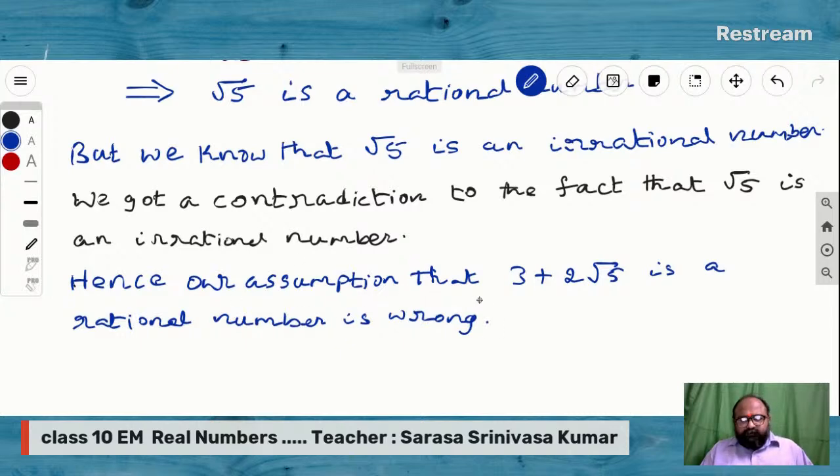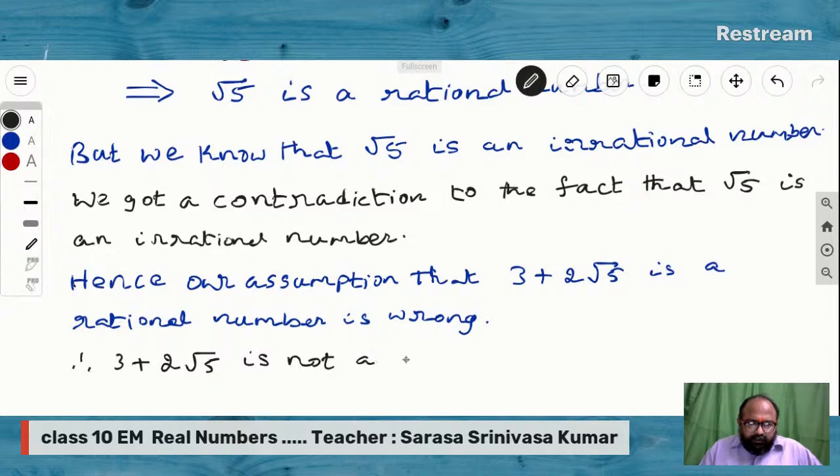So if this assumption is wrong, then we can say that 3 plus 2 square root of 5 is not a rational number. Therefore, 3 plus 2 square root of 5 is not a rational number. So if it is not a rational number, then what will be the conclusion?